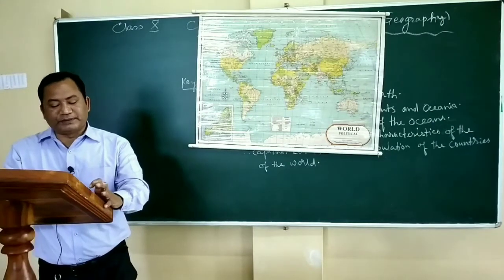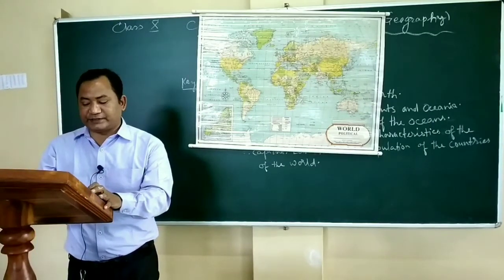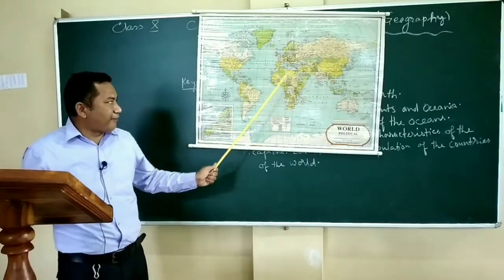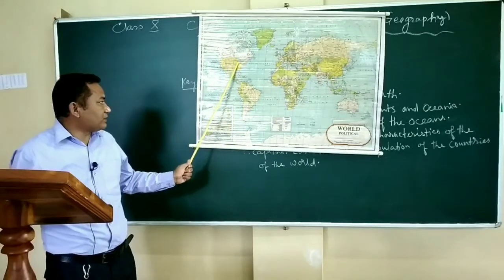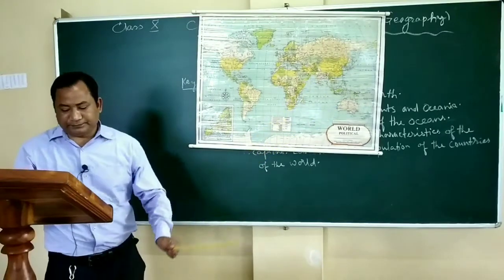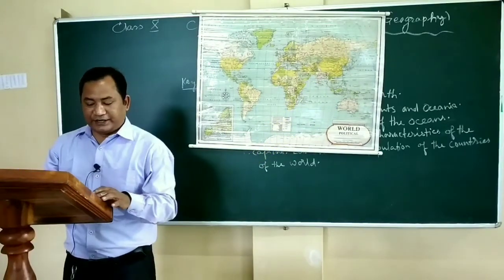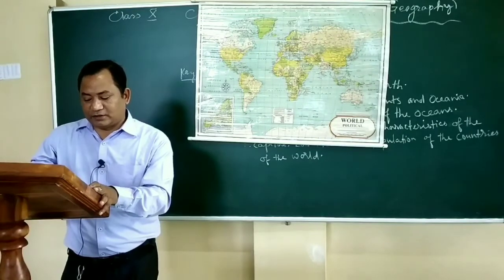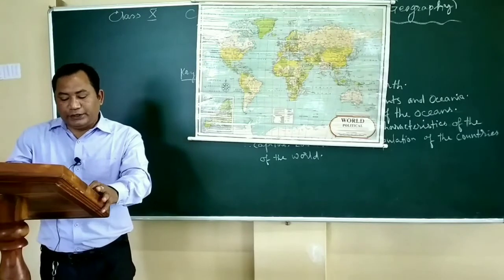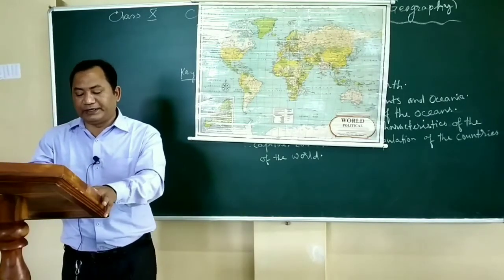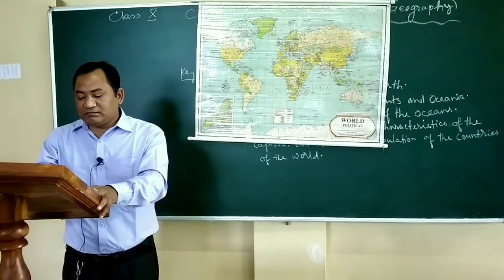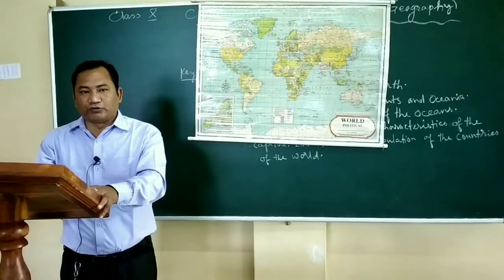The land portions of the Earth are constituted by the continents like Asia, Africa, North America, South America, Oceania, and Antarctica, Europe, etc. On the other hand, the huge water portion of the Earth is covered with the Pacific, Atlantic, Indian, Arctic and Southern Ocean.